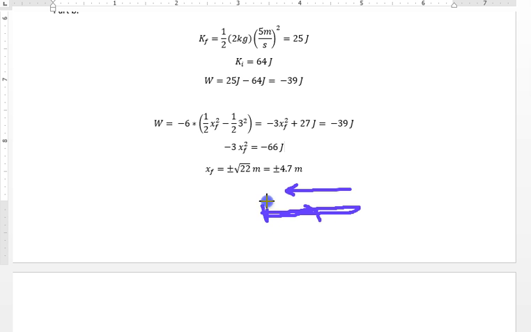Once it passes the 0 mark, the force is actually back this way, and so it'll go out this way a certain distance and head back. So it's going to hit a velocity of 5 meters per second once on this side and once on the other side, and then it's going to hit a velocity of minus 5 meters per second on each side. So the position where it does that is plus or minus 4.7 meters. And that's it for problem 31.